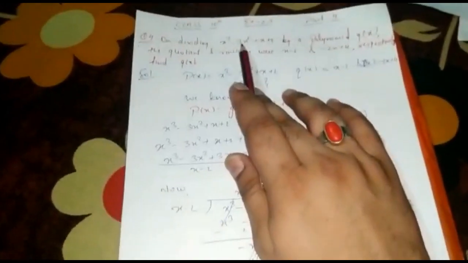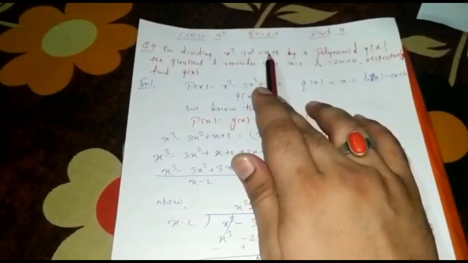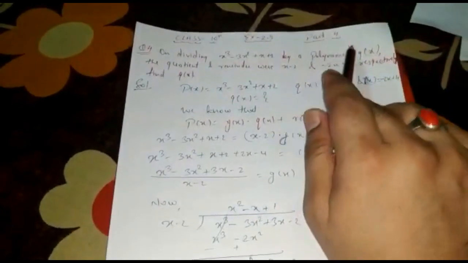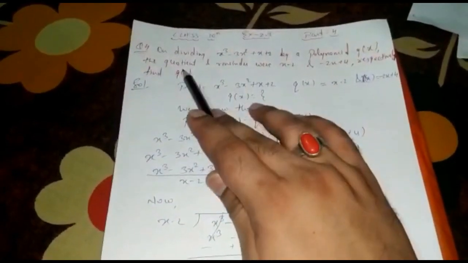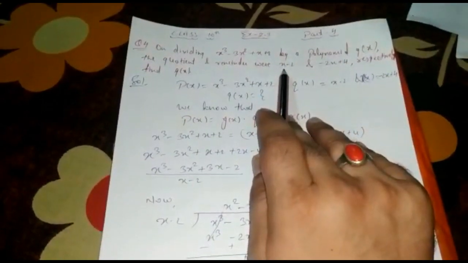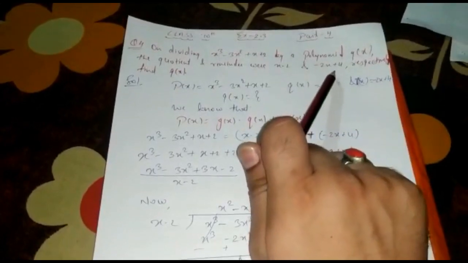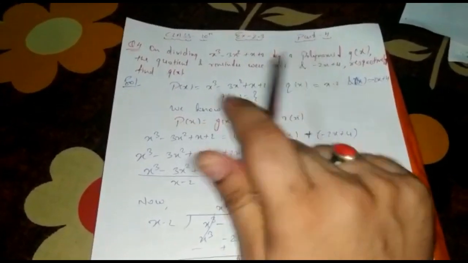So when we divide this polynomial px, that is x cube minus 3x square plus x plus 2, by a polynomial gx, the quotient qx is x minus 2, and the remainder rx is minus 2x plus 4.